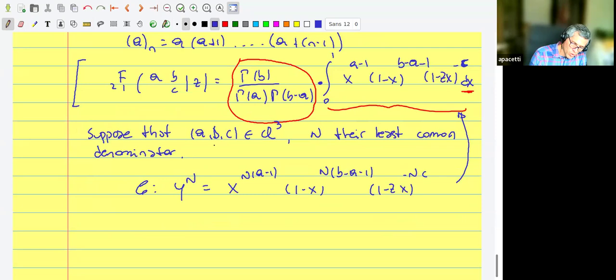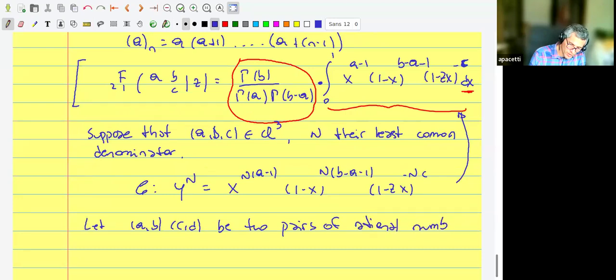And what I say is that when you choose four numbers, so let a, b, c, d be two pairs of rational numbers, and let n be the least common denominator.